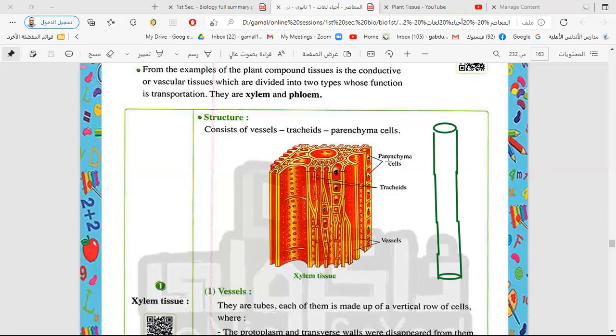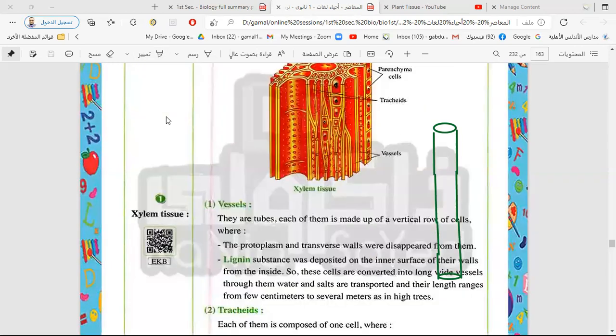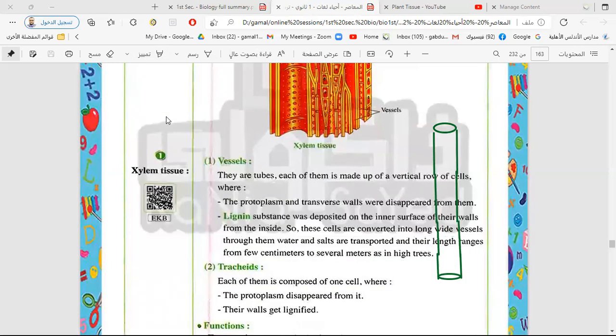So this tissue, as you see, is a complex tissue. Why is it complex? Because it contains different types of tissues. It is not only this tube, which we call tracheids.